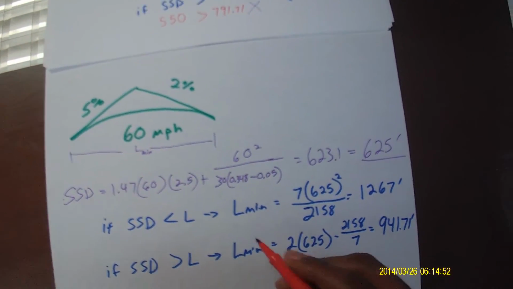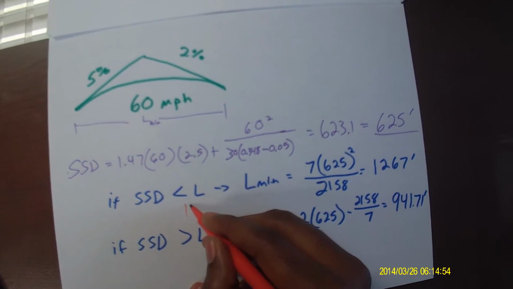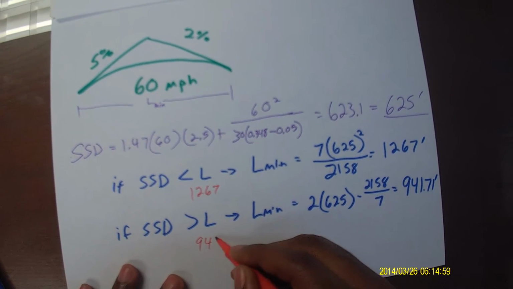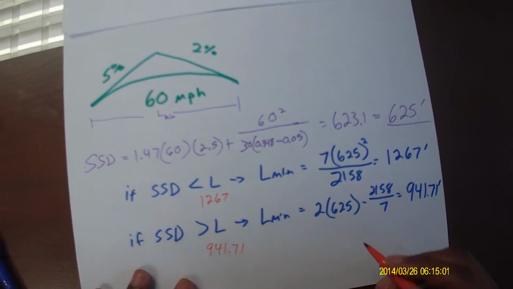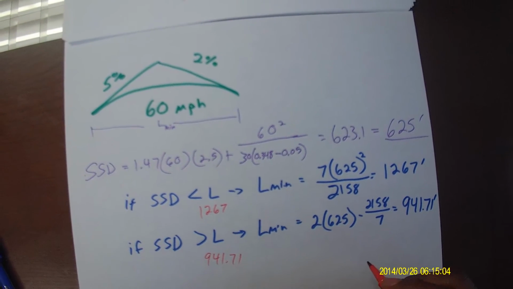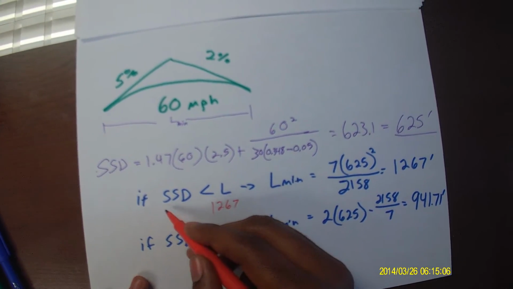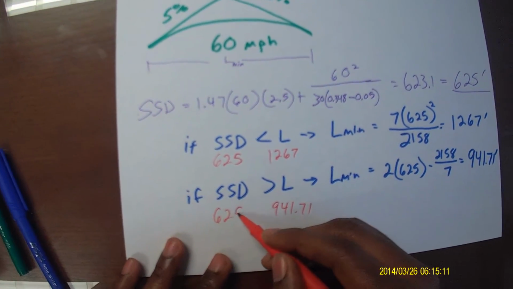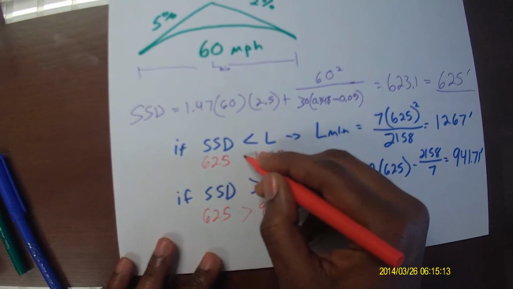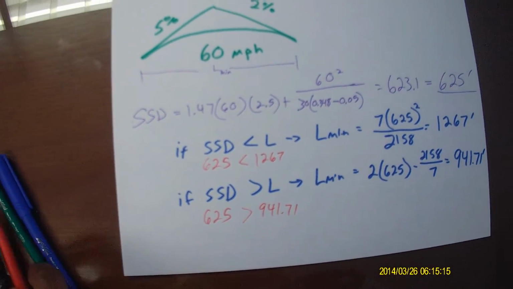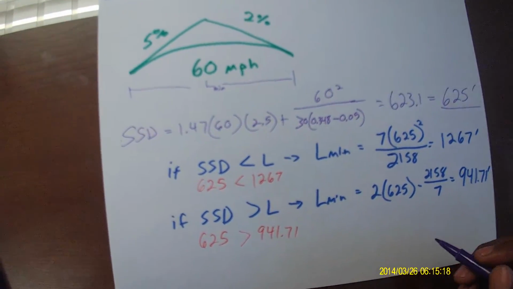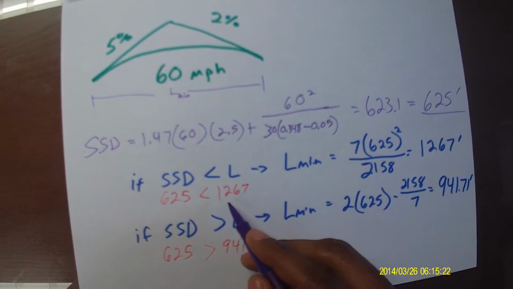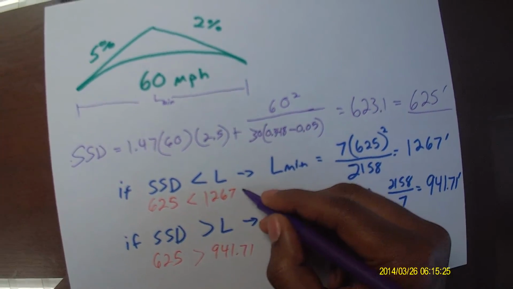Again, taking my L mins and placing them right underneath here, just for comparison purposes, I can determine which one satisfies the condition and which one I should actually be using. Stopping sight distance in this case was 625. By observation, I can see that again 625 is less than the 1267.